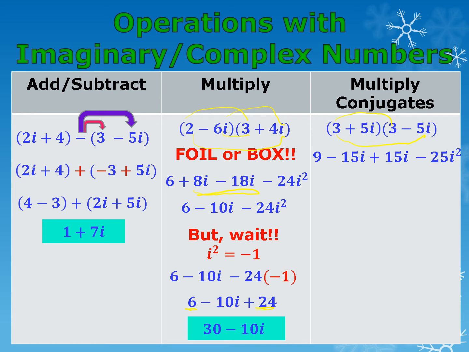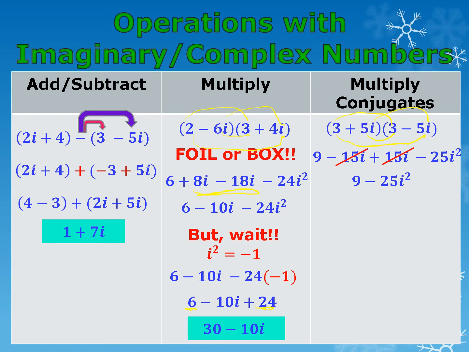Negative 15i, that gives me positive 15i. And then 5i times negative 5i is negative 25i squared. What do you notice happens to my i's? Well, negative 15i plus 15i, those cancel out. And I'm left with 9 minus 25i squared.